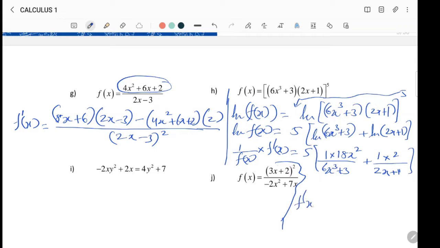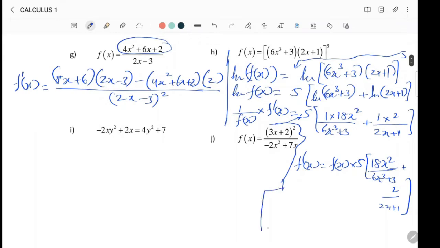Now what would be f dash x? So guys, f dash x will be fx, this fx will come this side, right side. So 5 fx times 5 times 18x squared over 6x cubed plus 3 and plus this 2 over 2x plus 1.